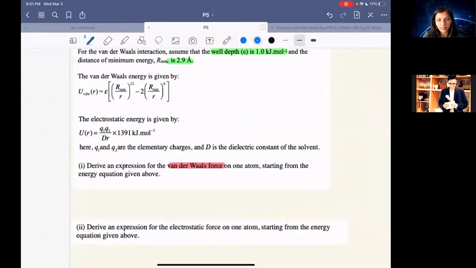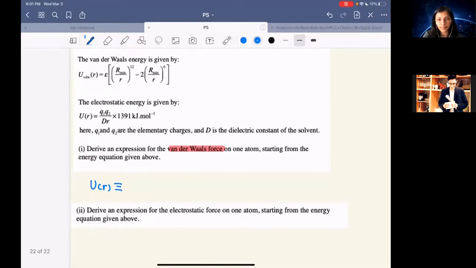By definition, we know that the potential energy is defined by the work done in moving an atom from infinity to its present position, where the distance is r. So the potential energy is basically the negative integration from infinity to r of force.